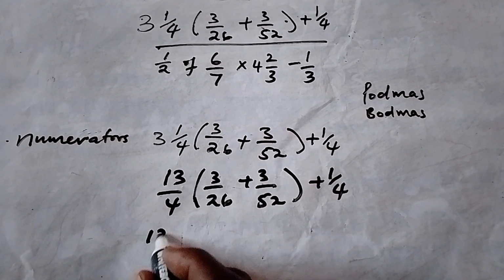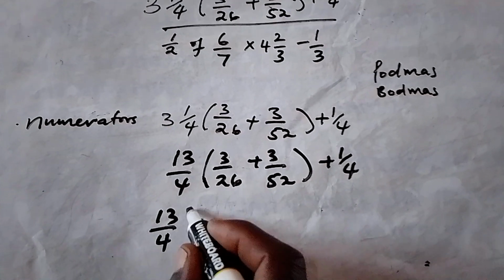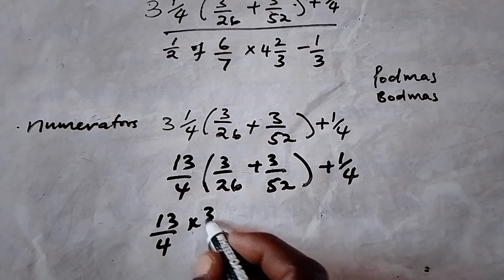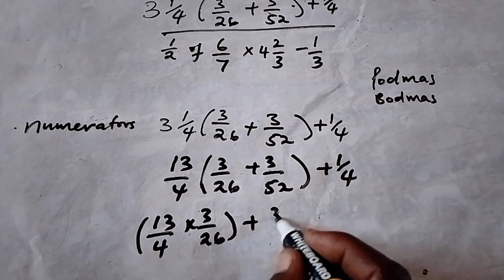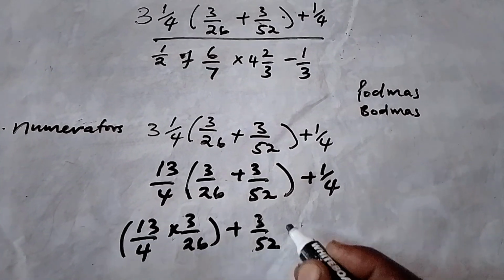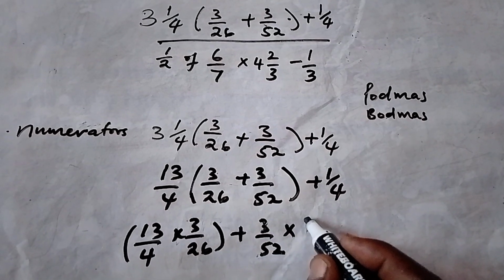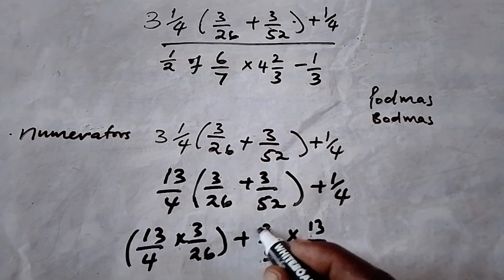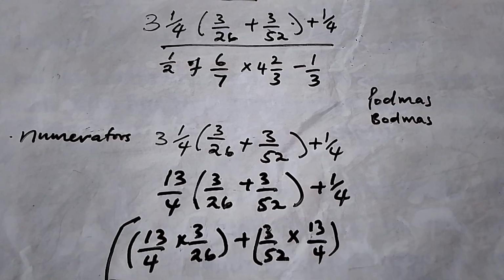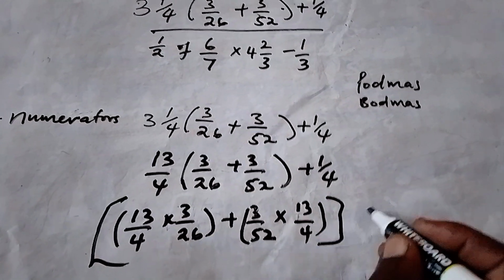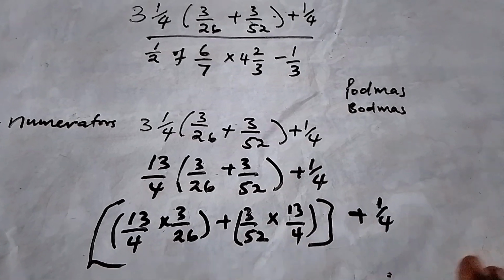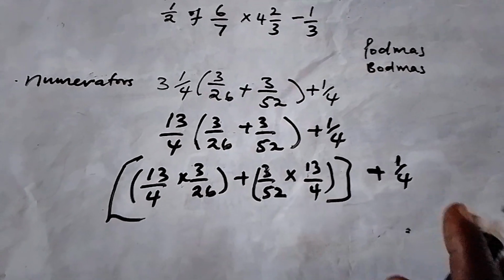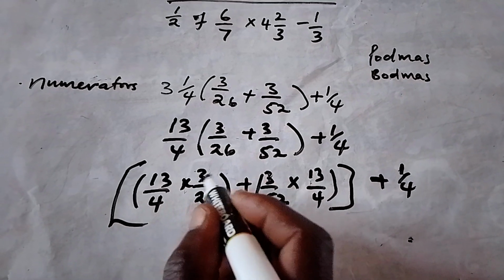So we'll have 13/4 multiplied by 3/26, then plus 3/52 multiplied by 13/4. So all of this you add plus 1/4. So we proceed by simplifying.